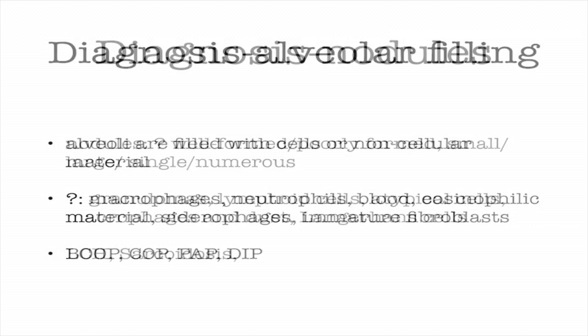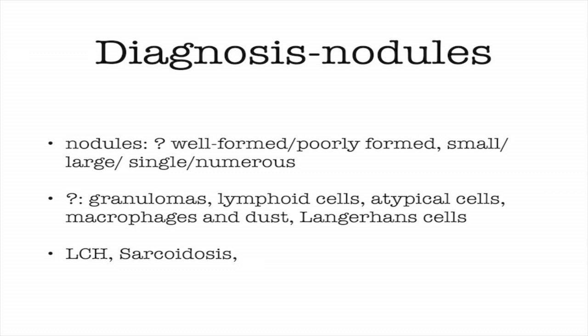That is how I read the slides. So the pattern associated with nodules: once I see the nodules, I ask myself, are they well formed or poorly formed? Are they small or large? Am I seeing single nodules or numerous? And again, the nodules may be very typical of granulomas, or they may be nodules of lymphoid cells, or they may be nodules of atypical cells, because sometimes you may have something else there.